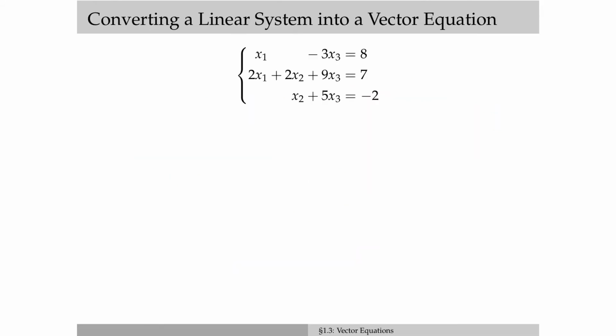Let's now learn how to convert a given linear system, as so, into a vector equation. Okay, so what we do here is we break it down by the variables, and then the right-hand side. In this first column, I'm visualizing, I have a 0x1 hidden here.